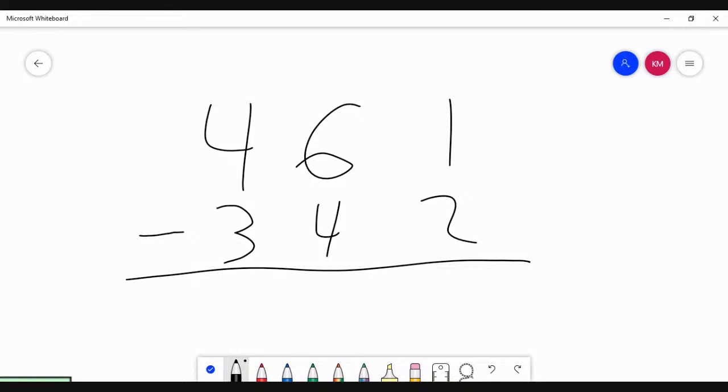So cross out my 6, that changed into a 5, because I'm taking away 1 from the 6, and I'm adding 10 to the 1, which gives me 11. 11 minus 2 gives me 9. 5 minus 4 gives me 1. And 4 minus 3 again gives me 1, which makes my total answer 119.